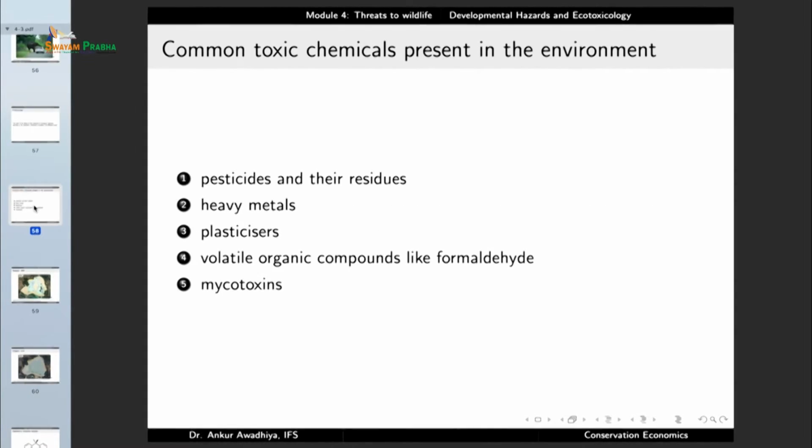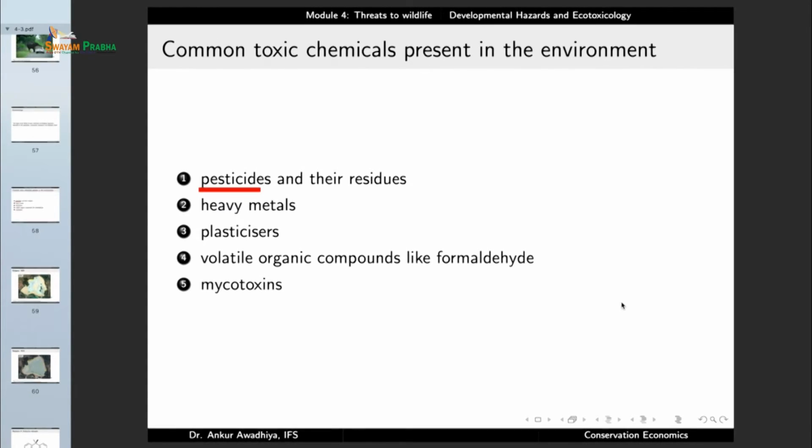Now, the common toxic chemicals that are present in the environment include pesticides and their residues. These days, because of the need for more and more food grains, we are using a heavy dose of pesticides. These pesticides kill pests such as insects or rodents, but whenever these toxic chemicals are used, some portion of them always leaks out into the environment and remains there.